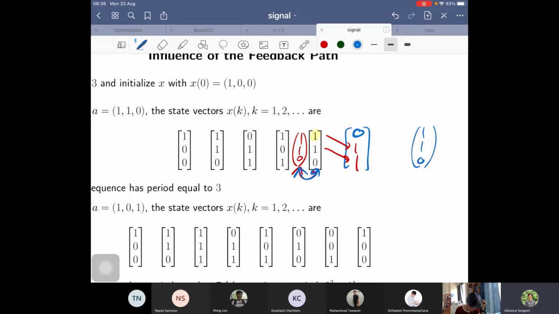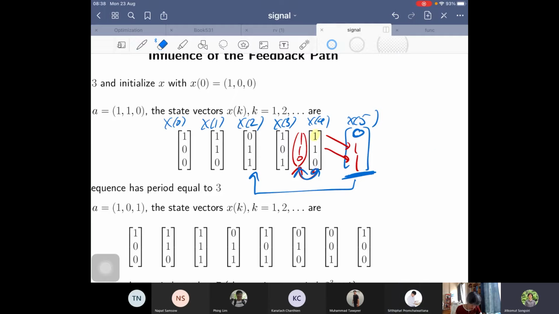Okay, so we see that now this state is repeated with this one, right? Yes. So at state 5, it repeated with state 2.